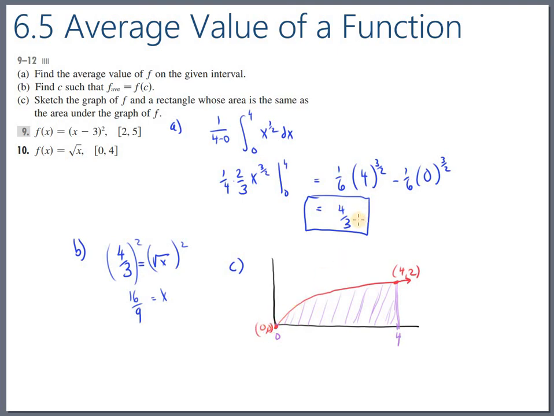We know the average value of this function is 4/3, a little bit more than 1. So on our vertical scale here, there's 2, there's 1. So apparently, let's see, I need a new color here. Let's go with this lime green. So 4/3 is about right here.